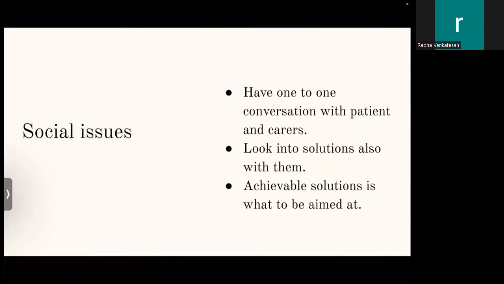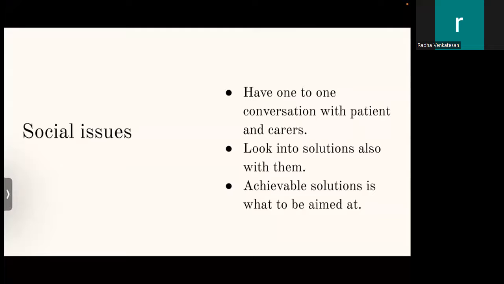First thing, you should try to have a one-to-one conversation with the patient or the carer. See, sometimes the patient may not want to confide with everyone. Even though they don't want to confide with their family, sometimes they still would want to convey to someone and get some solution for it.